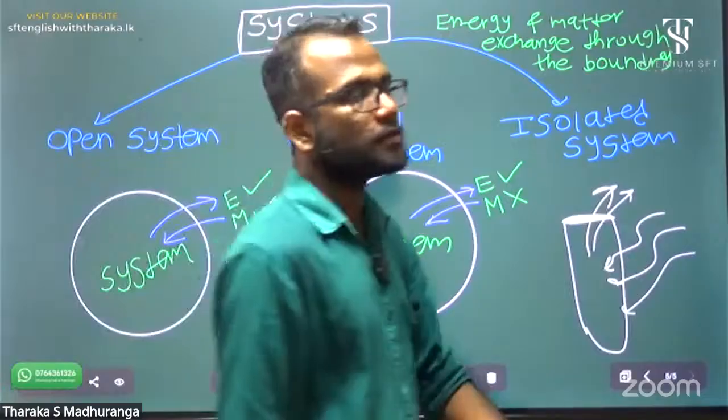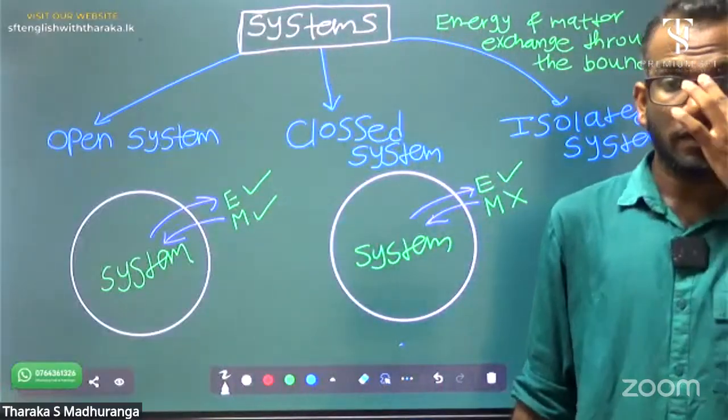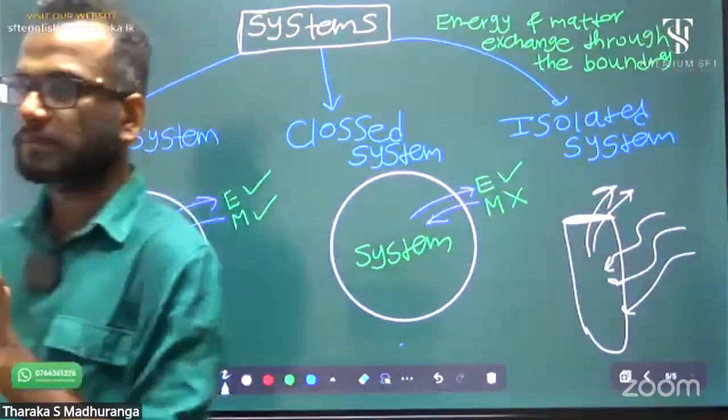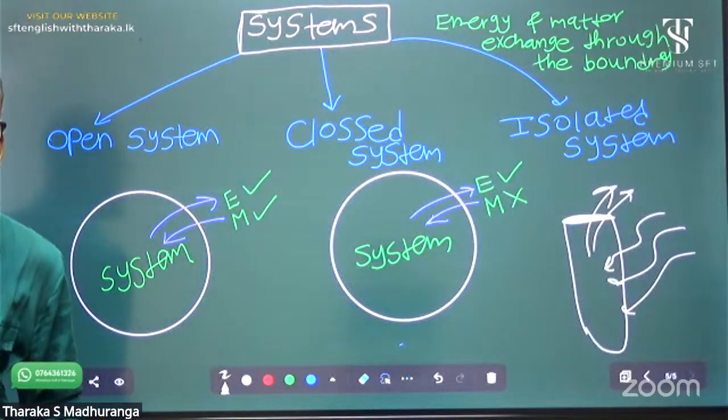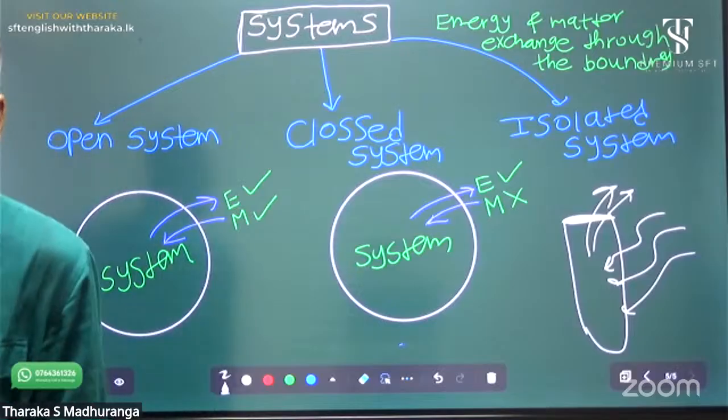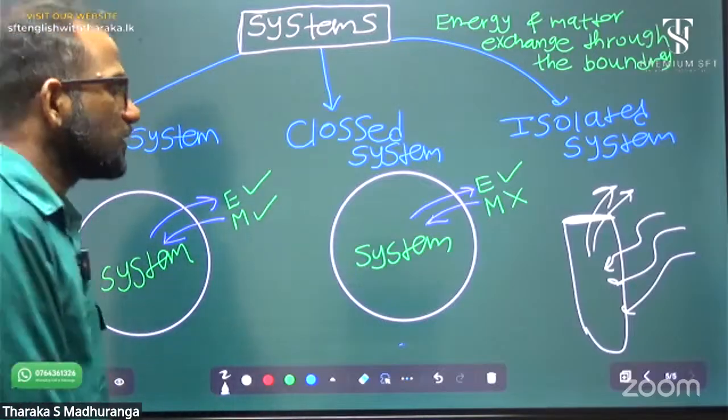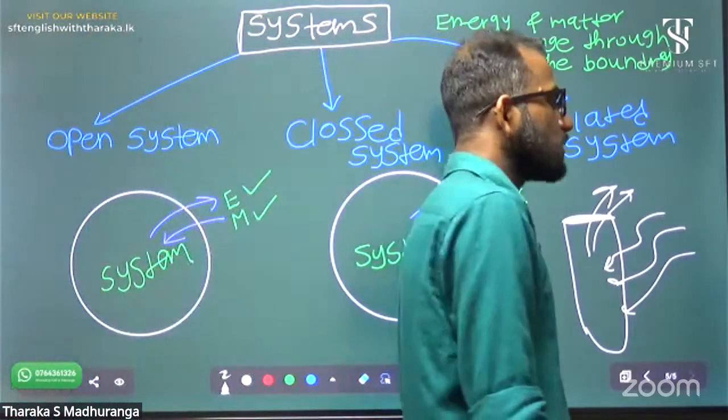What are the other examples? What else? Other examples? Very good. A lot of electric items. Bulbs.